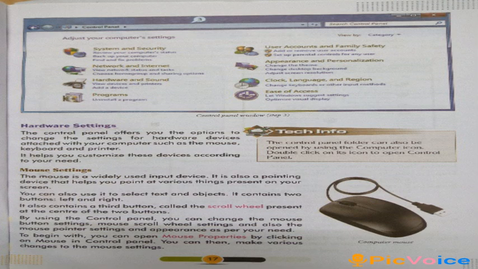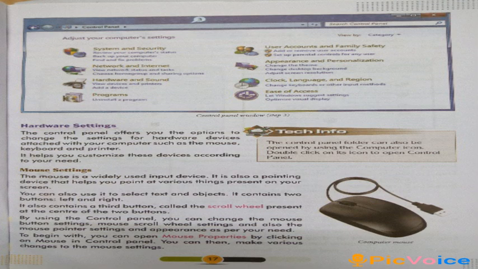Then mouse settings. My dear students, mouse is a mostly used input device. It is also called pointing device. That mouse helps to point at various things present on computer screen.